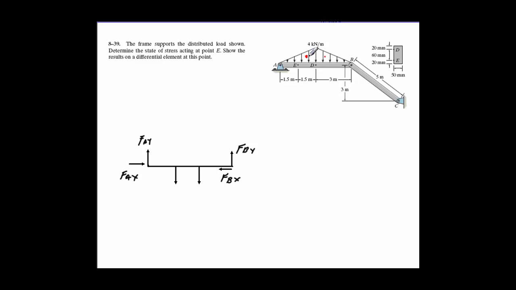So to calculate that area, we would just do 1/2 times the base, which is going to be 3, times the height, which is going to be 4. That's going to give me a value of what? 6 kilonewtons. Each of these obviously will be the same, so we could replace these two when we're calculating our moments right now with just two forces coming down at 6. So that's why I labeled these as 6 here and 6 here, and again, that's kilonewtons and kilonewtons.